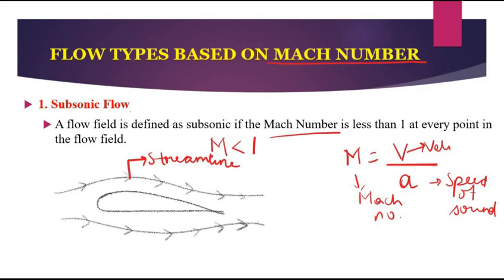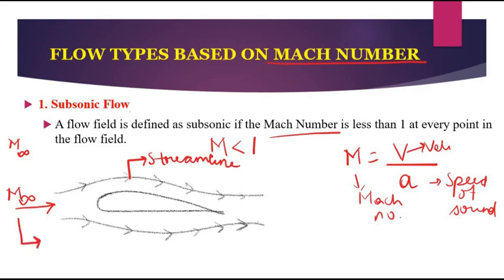We are considering an airfoil here, which is a cut section of your wing. Let us say the flow is coming in this direction, and we will introduce one more term, M infinity, which I can write as M suffix infinity.